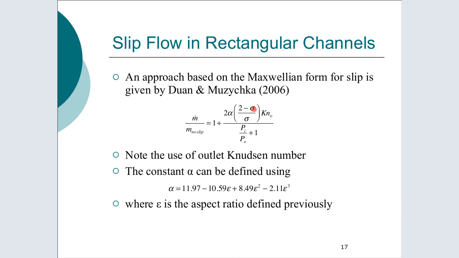We have the TMAC inside there, the pressure ratio at inlet and outlet, and this parameter alpha, and there's a fit done to this parameter alpha here. So it can be defined as follows, and epsilon, which is used in this, is simply the aspect ratio as was defined previously. So if we have an arbitrarily shaped channel and we know what the TMAC is, for example, we can calculate the enhanced flow rate that we would get through that.